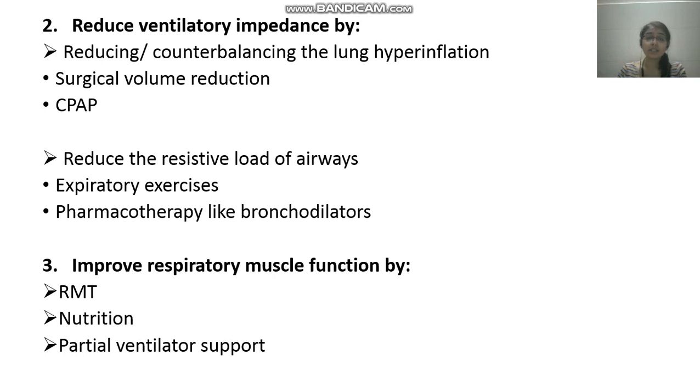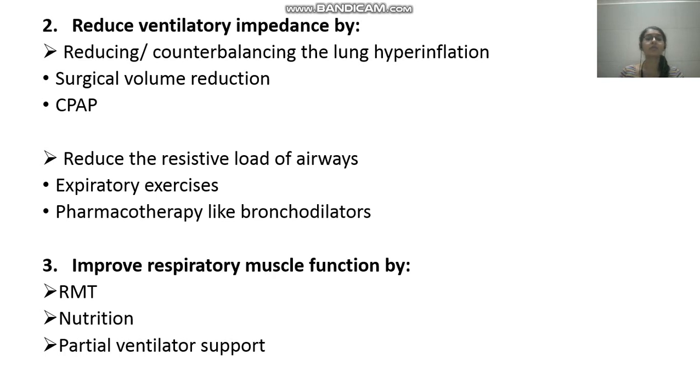We reduce resistive loads on the airways by giving proper expiratory exercises like pursed lip breathing, because as you create a pursed lip, it creates a back flow of positive pressure inside the airways, which helps the airway to stay patent even during expiration and prevents the collapse of the airways, so that a proper elimination of carbon dioxide takes place after an entire breath cycle.